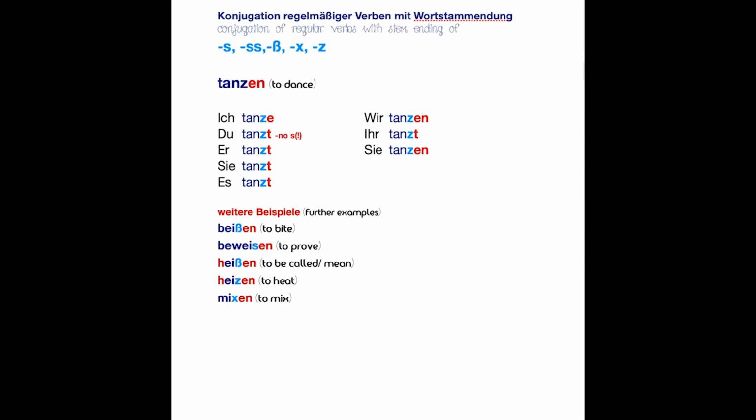Now we get to the final set of exceptions to this conjugation rule of this lesson. It is if your word stem is ending in the following letters: the S, the double S, the scharfe S or SZ.